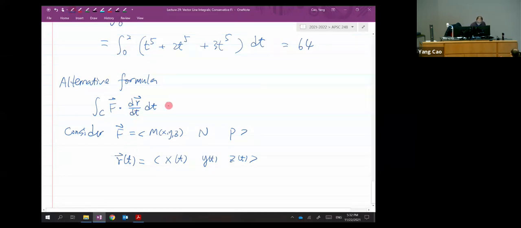First of all, for this formula, as you can see, you can certainly cancel this, okay, that's fine. So if you cancel this, then it becomes f dot dr, okay, differential r. Now I'm going to substitute f and r into this formula. Then I would get f dot dr. Okay.